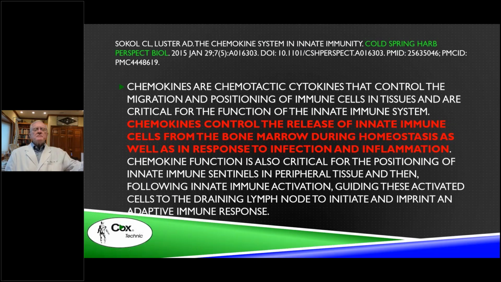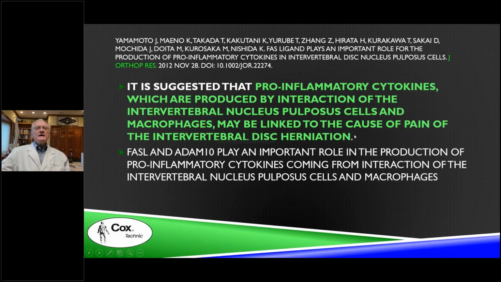That is, type 1 macrophage is pro-inflammatory. Type 2 macrophages, which produce interleukin 10, for example, are anti-inflammatory. And it is the balance of these types of cytokines that creates what this paper is talking about as the homeostasis within the neural complex.